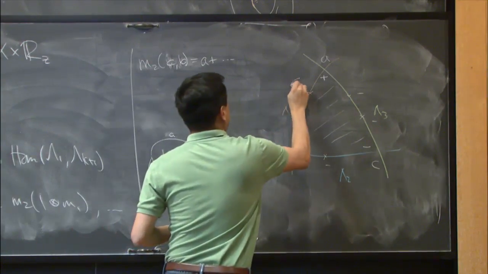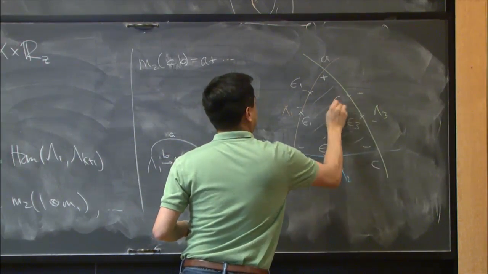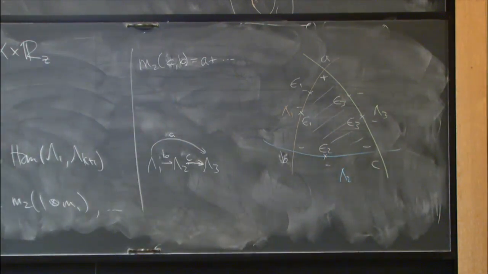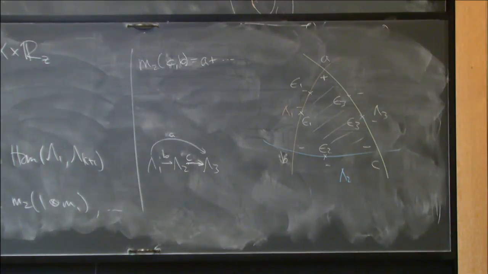So this is epsilon 1, epsilon 1, epsilon 2, epsilon 3, epsilon 3. This is all stuff that you can get from the general framework of Legendrian contact homology, except that now we have a link instead of a single-component thing.